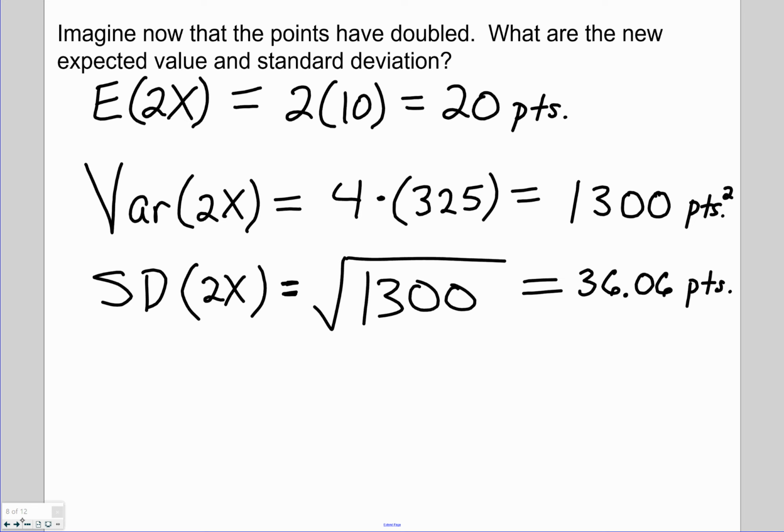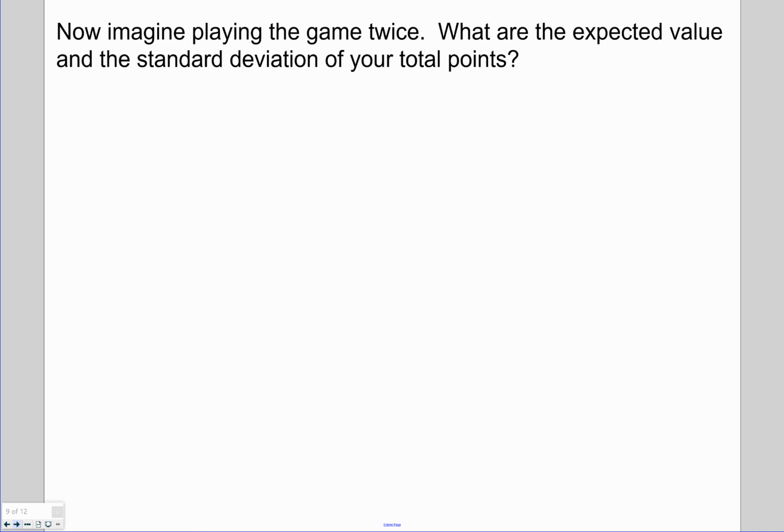Let's do the next one. Imagine we play the game twice. And what a day that would be. We play it twice. So now we have the expected value of playing it the first time, so I put a subscript with a 1.